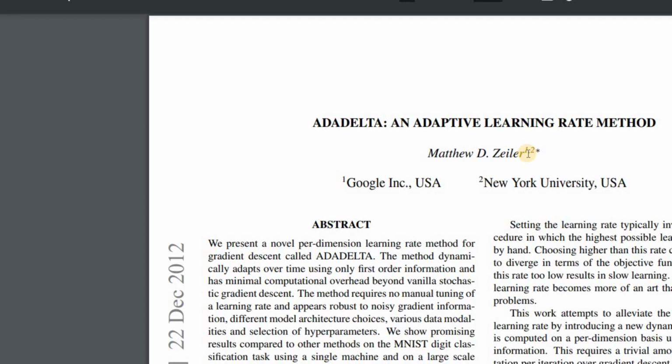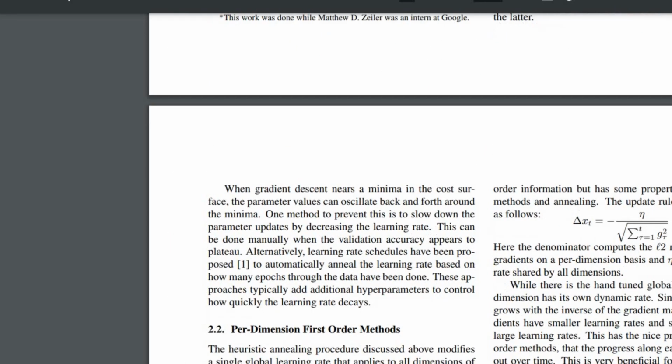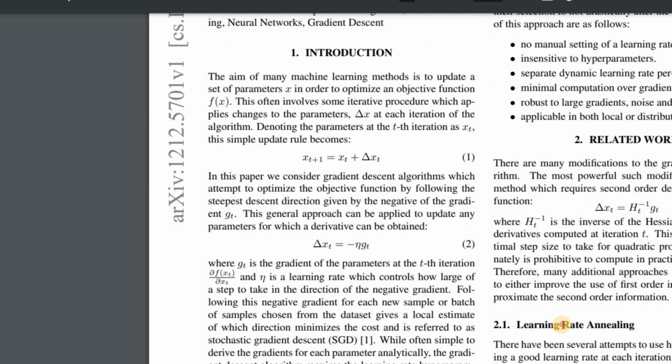Also, as we did in the previous video, we will make an attempt to understand the torch implementation of this algorithm with a small numerical example, which we will first solve on pen and paper and then write code for. But before understanding the entire algorithm, let's talk a bit about an important concept discussed in this paper, which is called learning rate annealing.